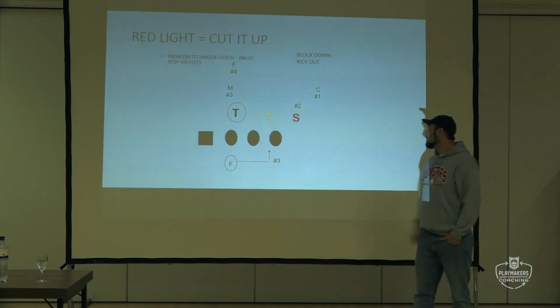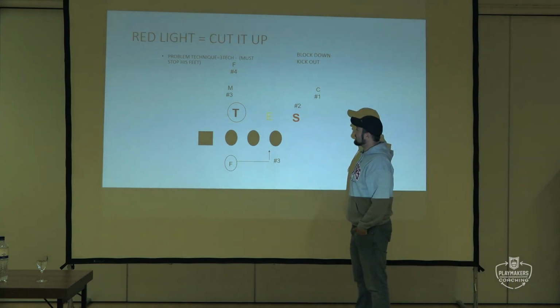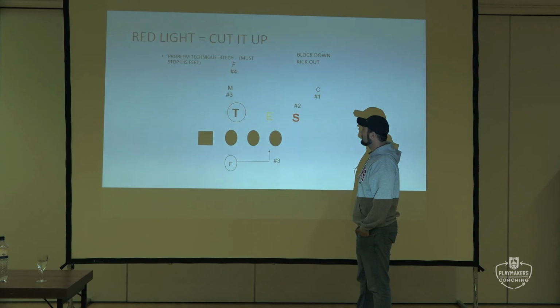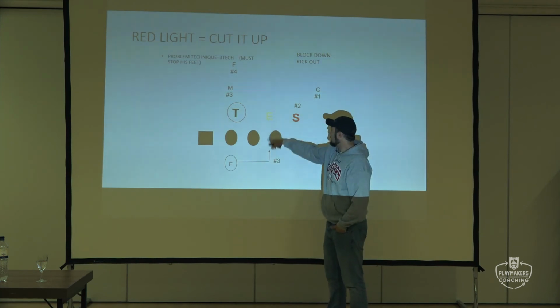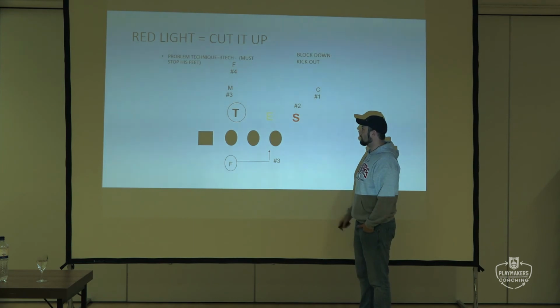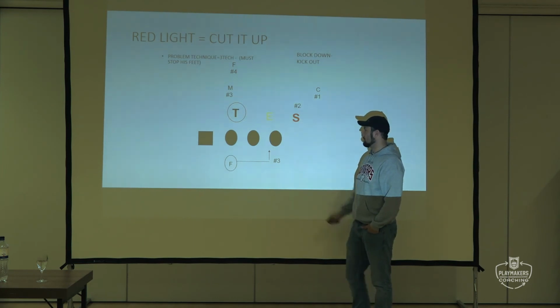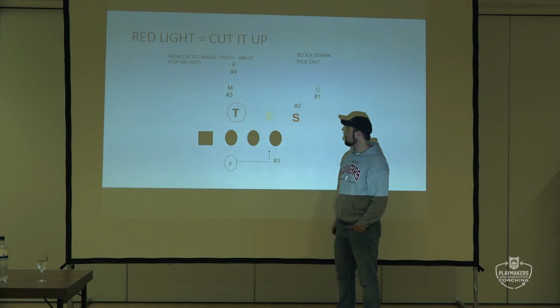Okay? So, what are we going to do? We got a 3 technique. We got to slow him down. Got to slow him down. That's a tough job for him. If we have an end here and the Sam up on the line of scrimmage, we have a couple different options. We can cross block, block down, kick out.